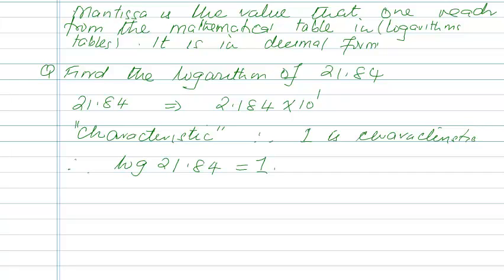The characteristic comes first, and then you read the Mantisa from the mathematical tables, which is 3393. So here we can say the logarithm always comprises the characteristic, which is a whole number, which can be negative or positive, followed by a Mantisa that is in decimal form.